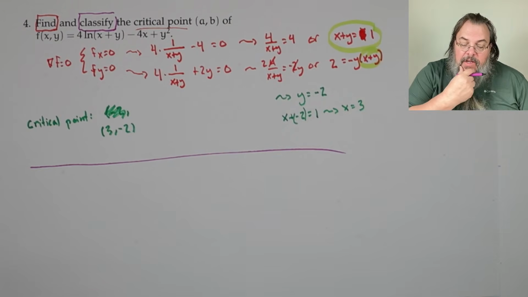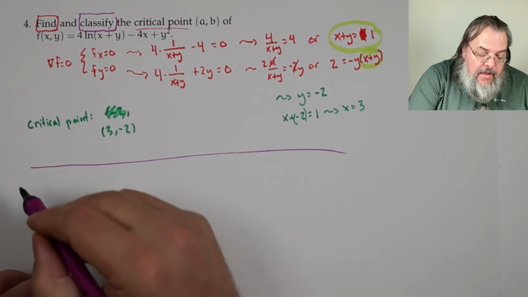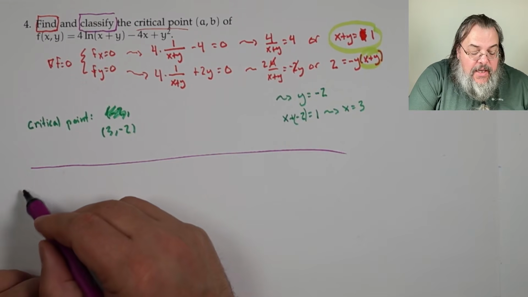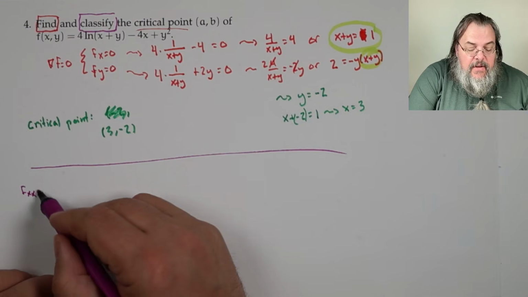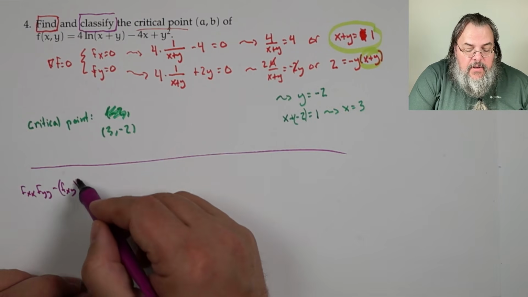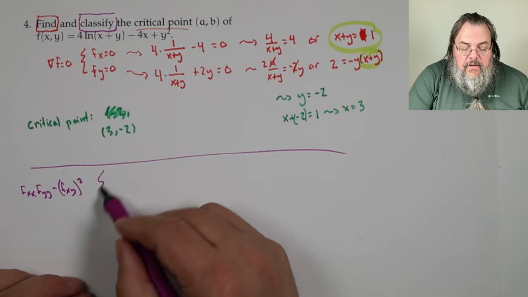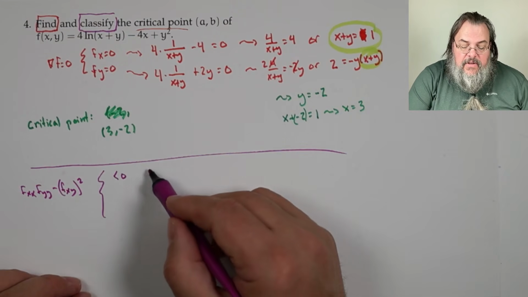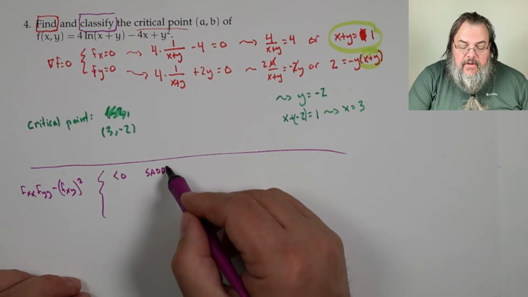So we say, all right, what does that say? Now, the good news is it's written down for us, but just in case, I'll write it down. You compute fxx, fyy minus fxy quantity squared. And then there's a couple possibilities. If this is less than 0, then you get a saddle point.